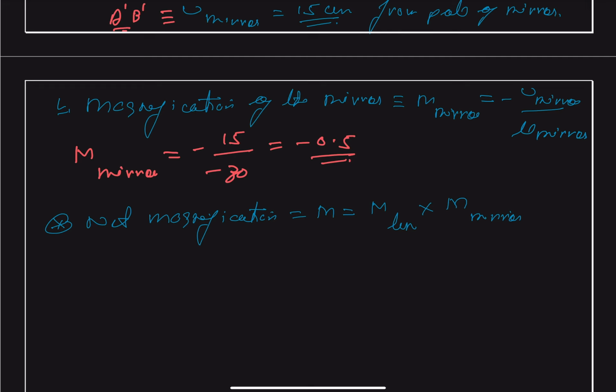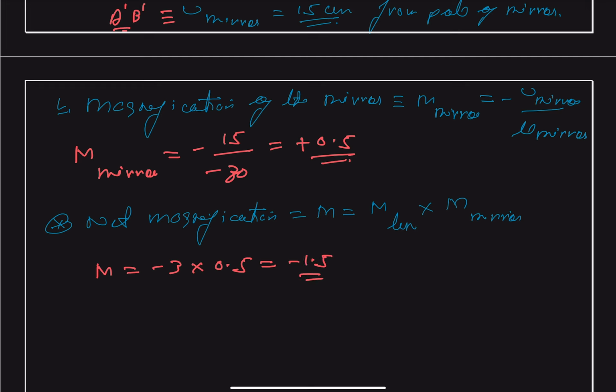So we substitute the values, M will be equal to, sorry, it has to be plus because this goes away, and we get m lens was minus 3, and this comes as 0.5, giving us minus 1.5.